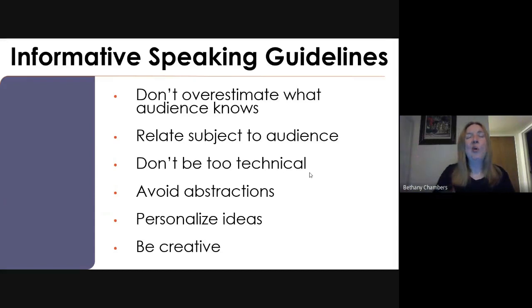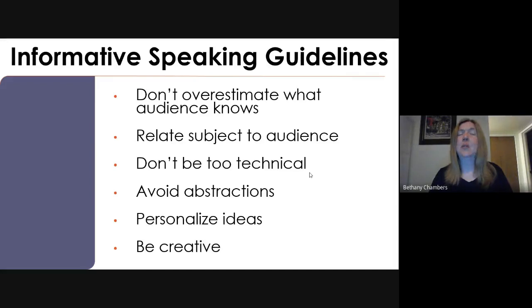So you want to tone down the type of language that you use to make sure that it's accessible to everyone. If you do really need to include some of those more technical terms, then you want to make sure to also explain them in a way that everyone can understand.